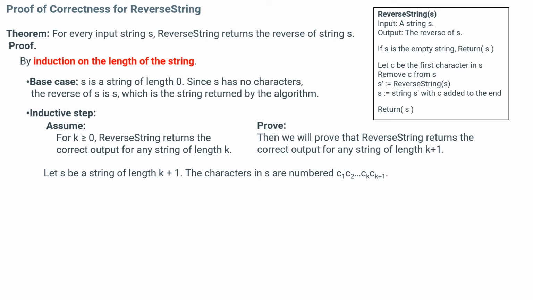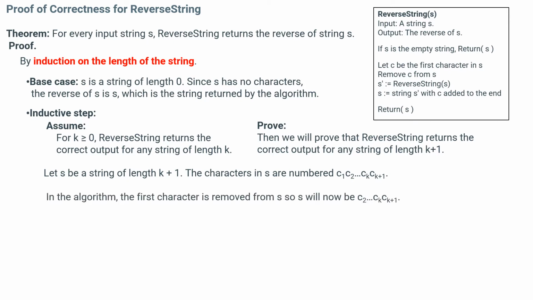Let's number the characters in S. Let's say that the first character is C sub 1, the next character is C sub 2, and so on. And if this is a string of length k plus 1, then it will go all the way to C sub k plus 1. That's just what we're going to call the characters in our string S, and it does have a length of k plus 1.